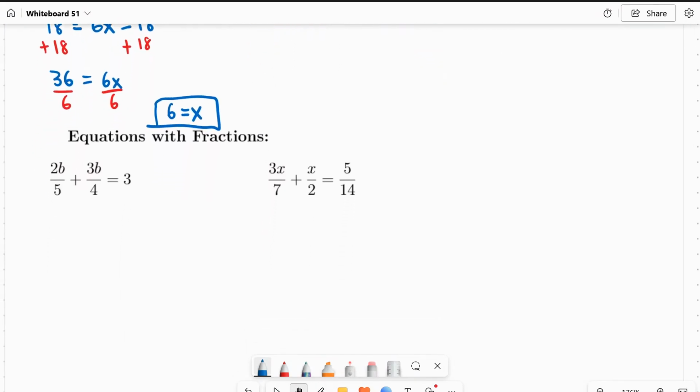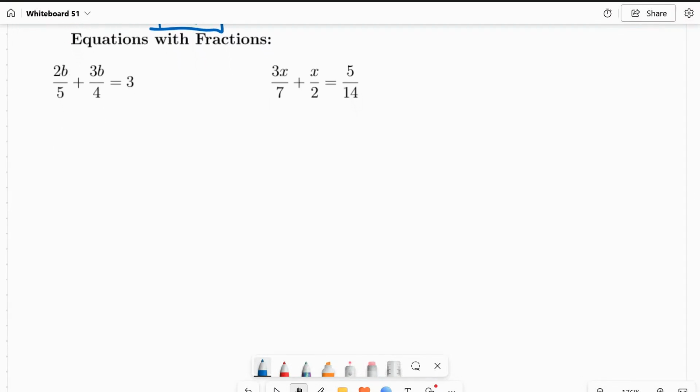So, just like I warned you guys about already, some of our equations will have fractions. So when we have fractions, there's a couple different ways we can handle these equations, but the most common way will be to try to combine our like terms as much as possible, or combine our fractions. So for this example on the left, I have 2b over 5 plus 3b over 4 equals 3. So really, my goal at the start here is going to be to combine my two fractions together.